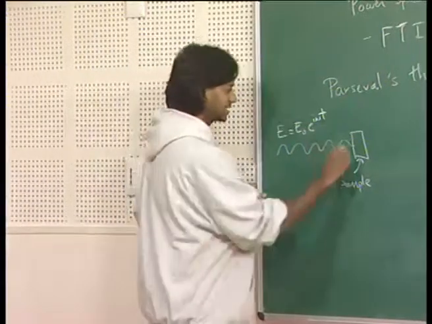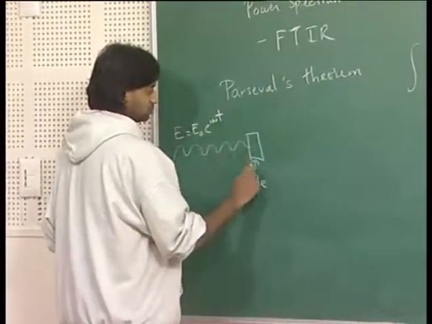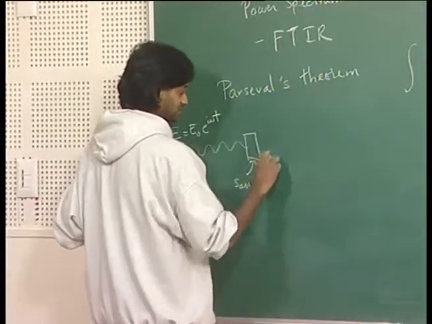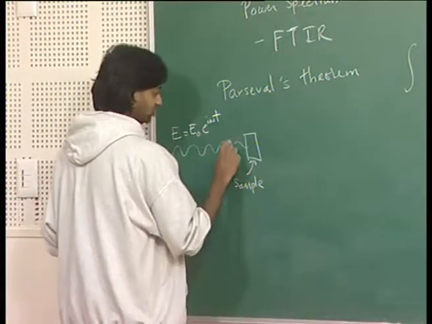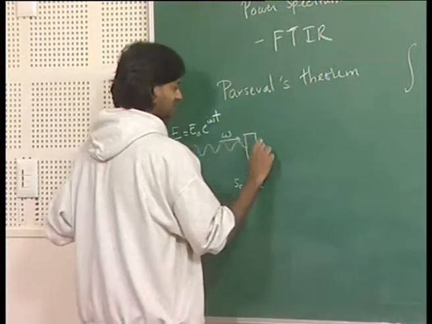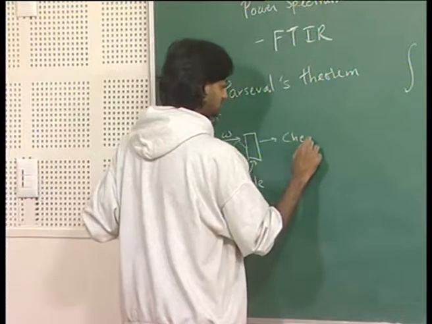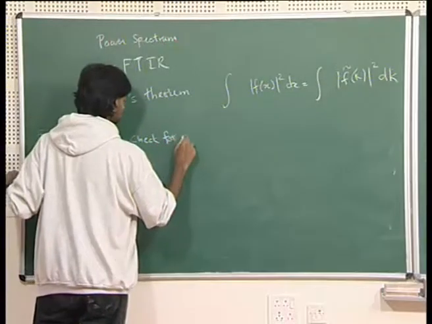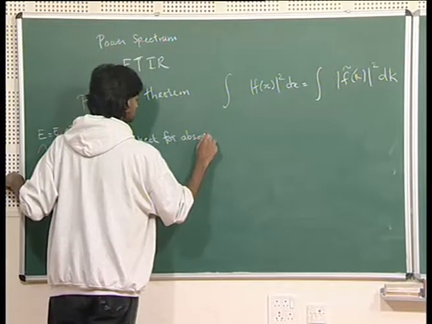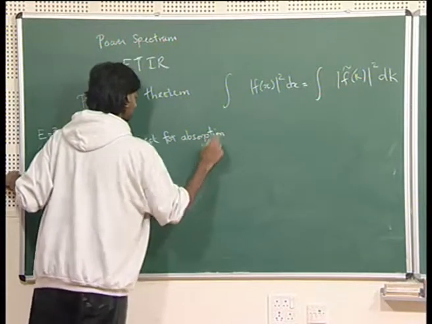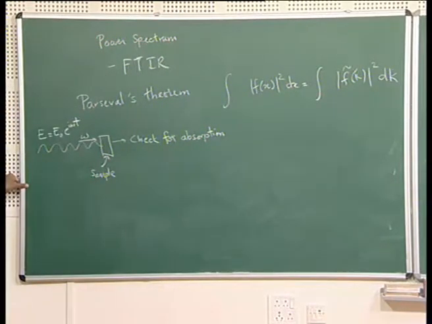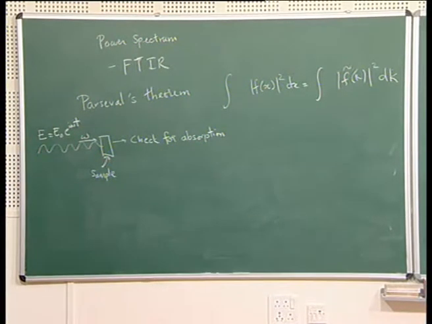So, when you shine a light, you send one frequency omega and check for absorption, and you see whether it absorbs at that frequency.